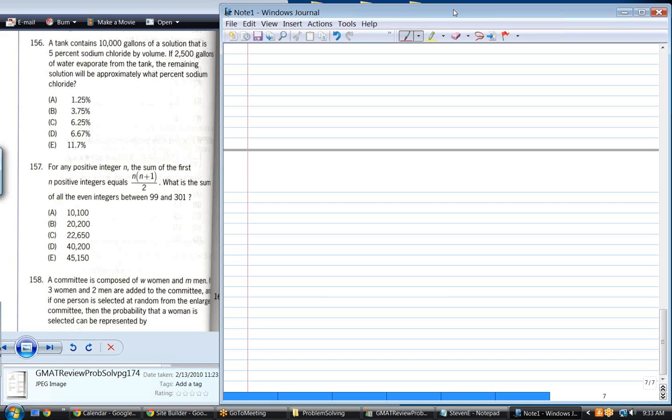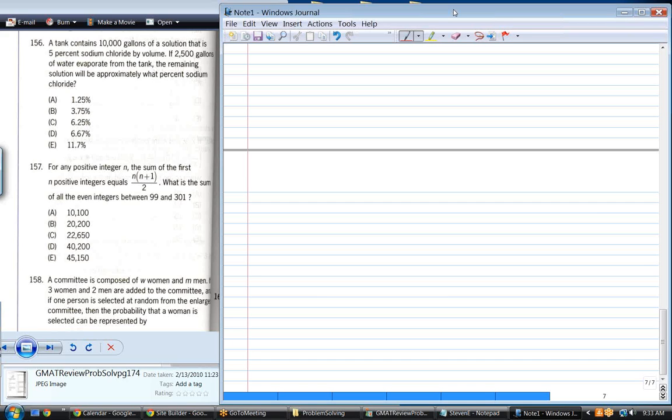Originally the amount of chloride in it is 0.05 times 10,000. But then you're losing 2,500 gallons. I'm just going to get that volume right there.